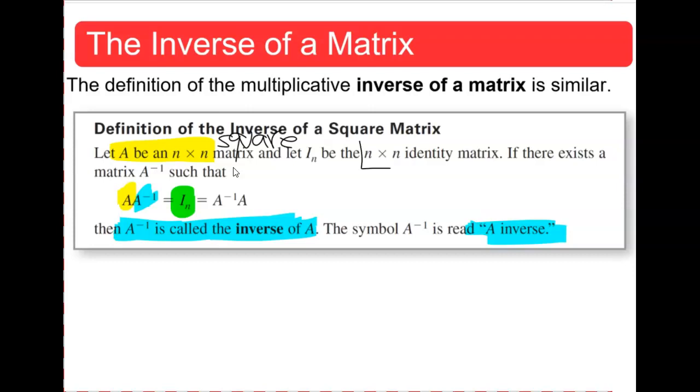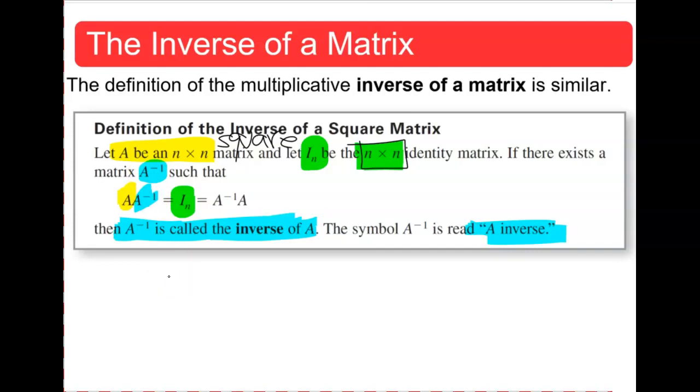And the identity matrix will also be of the same order n by n, order or dimension. So not all matrices have an inverse, but if it exists, then we call it A inverse, and that is the notation for it.